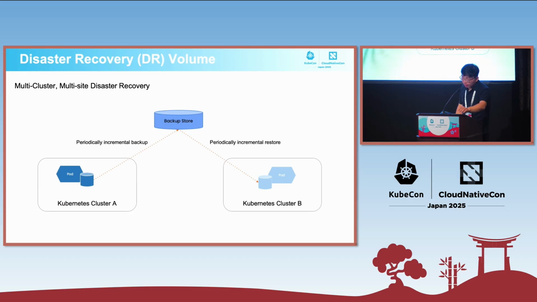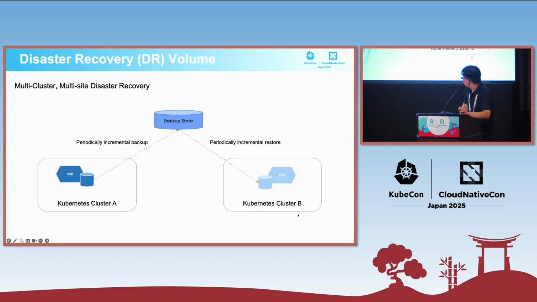And Longhorn also supports a disaster recovery volume. The idea is very simple as well. Assume you have two clusters, cluster A and cluster B, and you have an active workload and Longhorn volume in cluster A. Then you can create a standby workload in cluster B, and you can create a standby volume there. Then you can let Longhorn do periodic incremental backups. So you can take snapshots and back up the data to the remote storage.